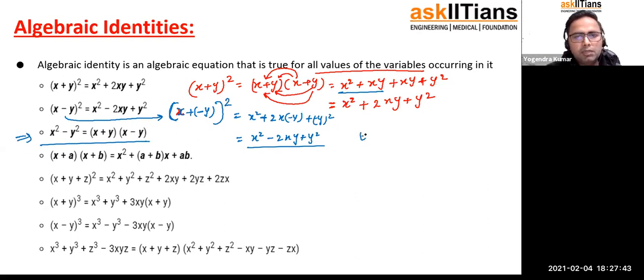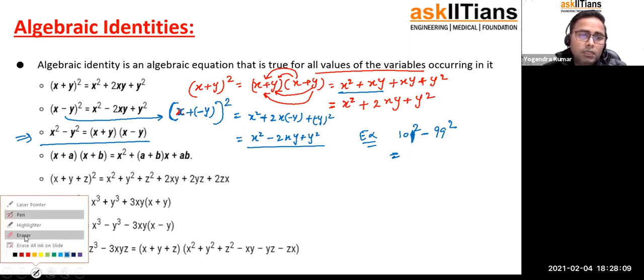I can show you an example also here. What example can I take? Suppose I need to do 101 square minus 99 square. You can take any number, by the way. Now, if you do 101 square the usual way, you will multiply, you'll take time here, right?